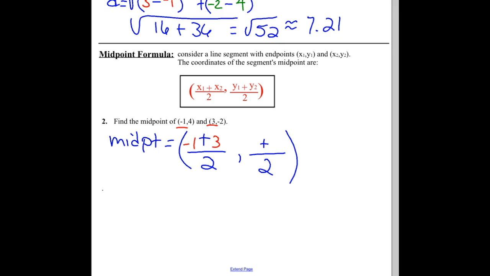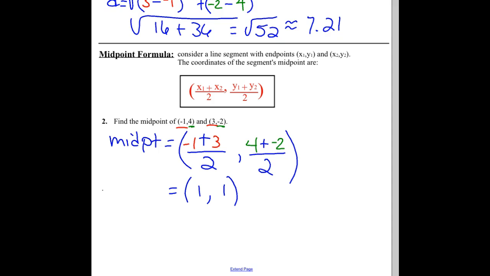And then in the second set, we put our y's, the 4 and the -2. Okay, so in distance, you're subtracting x's and subtracting y's. In midpoint, you're adding them. In distance, you square it. In midpoint, you divide by 2. So, slight differences. What do we get here? -1 plus 3 is 2. 2 divided by 2 is 1. And in the other one, 4 plus -2 divided by 2, 1. Okay, so the point 1, 1 would be your midpoint of that segment.